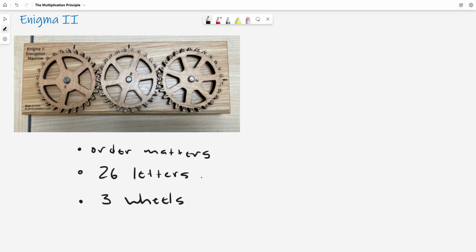Now, with the letters, technically they can be repeated, so repeats are allowed. Now let's say that we wanted to compute the total number first. As mentioned, we're creating essentially a 3-letter key.